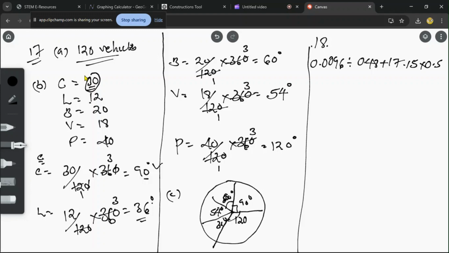Okay, so I'll follow BODMAS for this. We don't have brackets, we don't have of, so I go to division. So division is here, and this is the same as 0.0096 divided by 0.48. Now it is a bit hard for us to work out when we are having all these decimals.